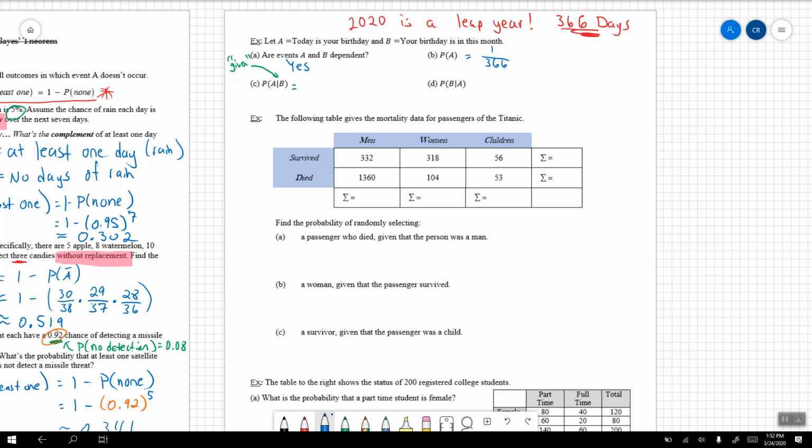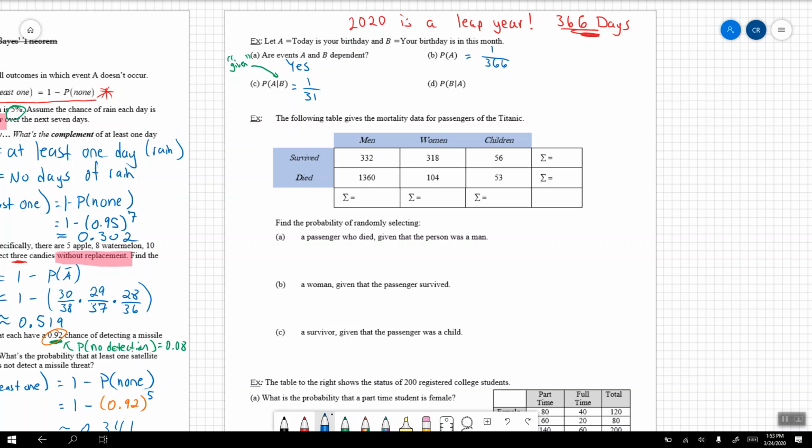But if your birthday is happening today, wouldn't you agree that that's a probability of 1 because it's already happening today? All right, that's good. Which means here we're going to have the probability of 1 out of 31. All right, nice. So the probability of A given B.